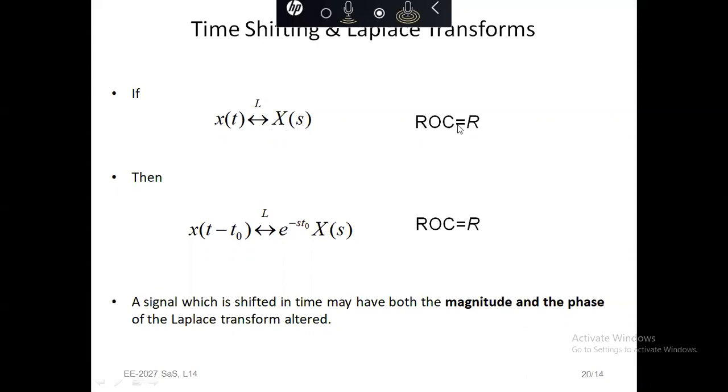The region of convergence is R. So when we shift the signal in time domain, the magnitude and the phase of this x of s will be changed by this factor, this exponential. In fact, the region of convergence is still R. So the region of convergence will not be changed.